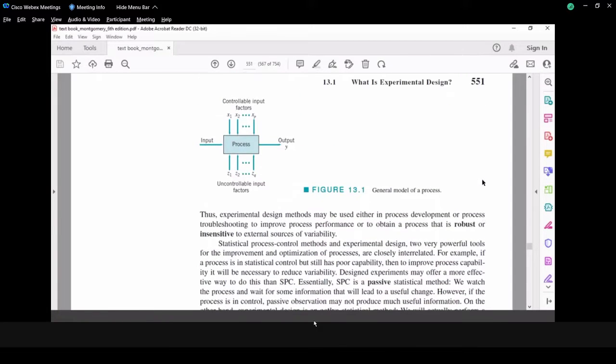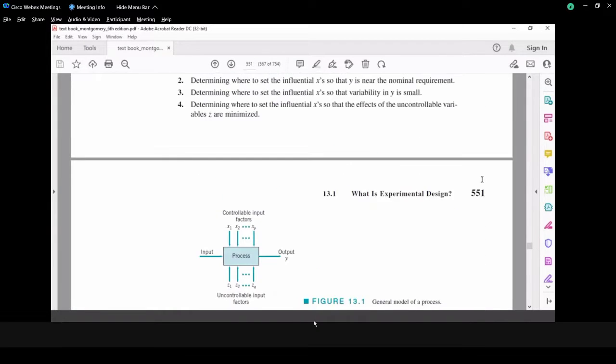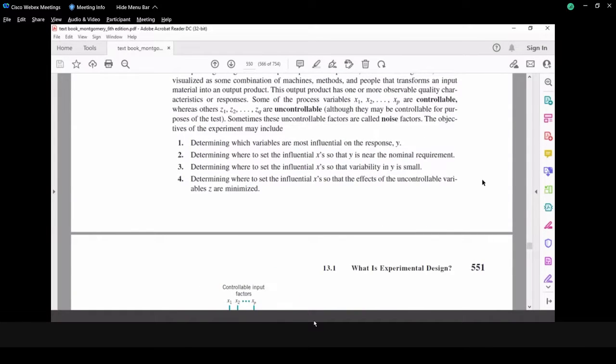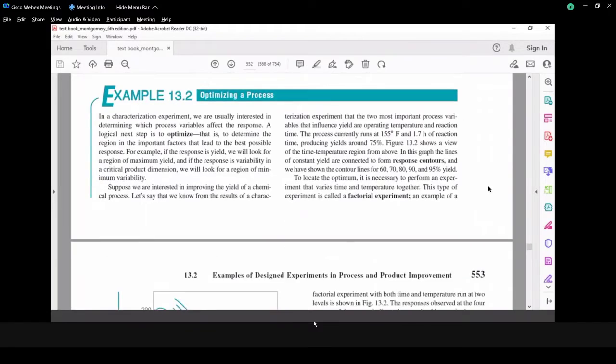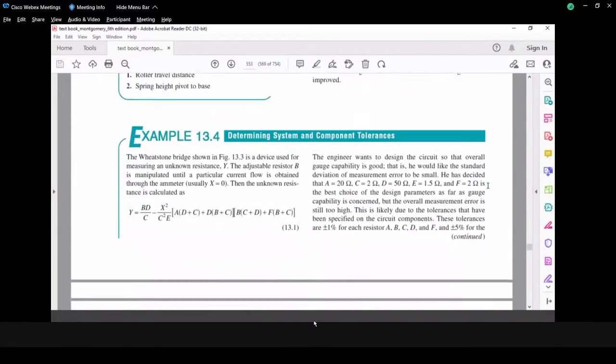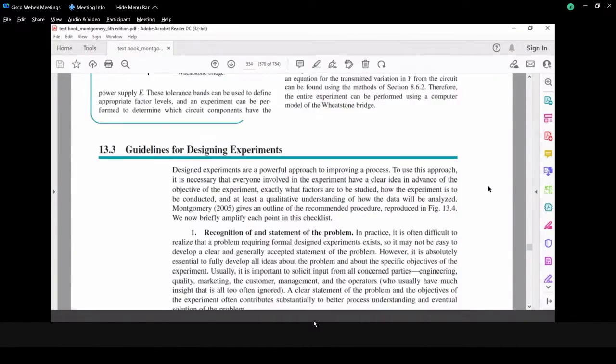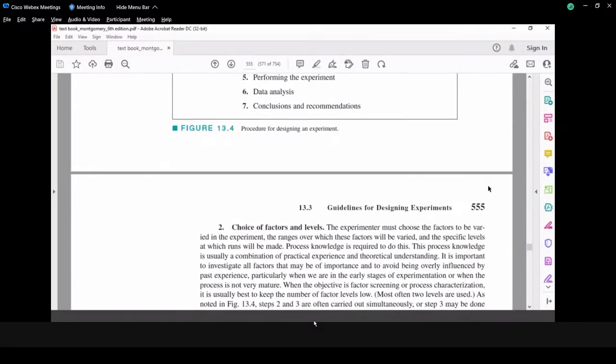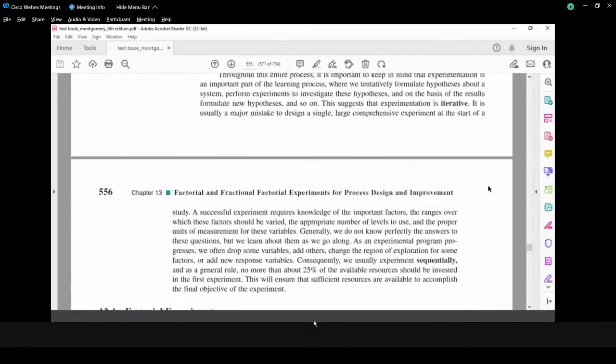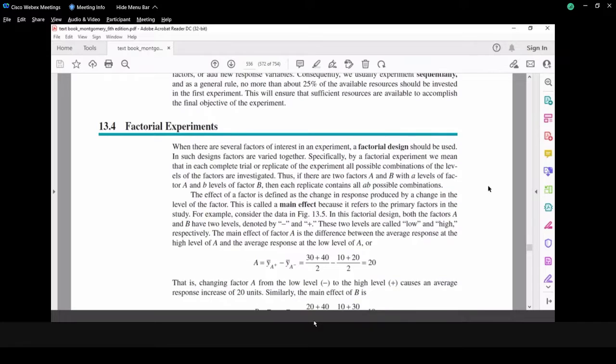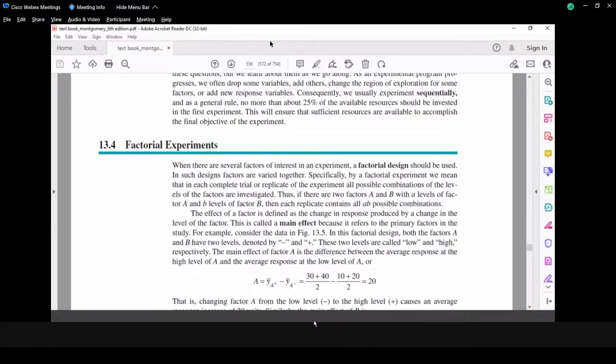Then the factorial experiment, 2 by 2. Just read the lecture about factorial experiments, when there are several factors in the experiment.